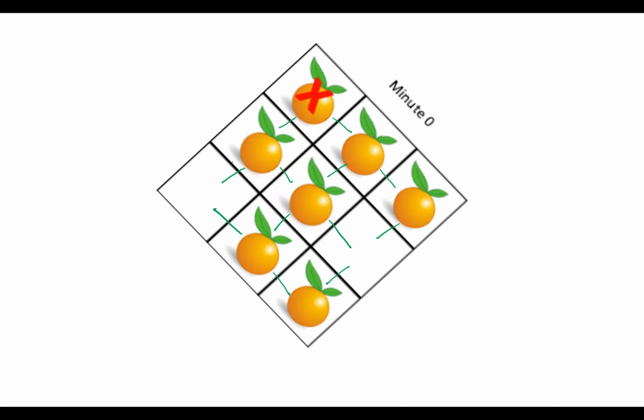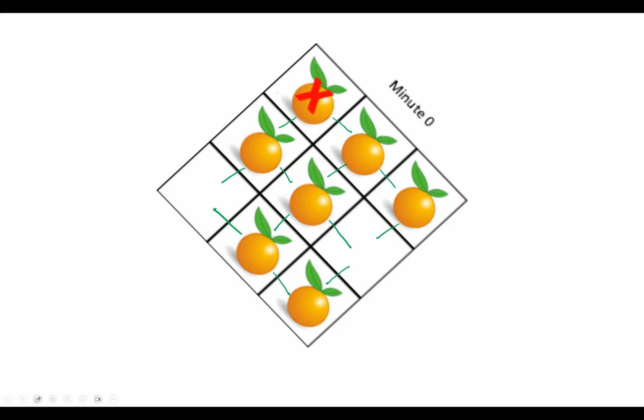Solving graph problems, we have to find out, starting from a rotten orange, how we can get to the other fresh oranges. Since this is a graph problem, it can be solved using DFS or BFS. DFS goes depth-wise. For example, in this picture, the first two oranges that are going to be rotten are this and this, so we want to explore the neighbors first.